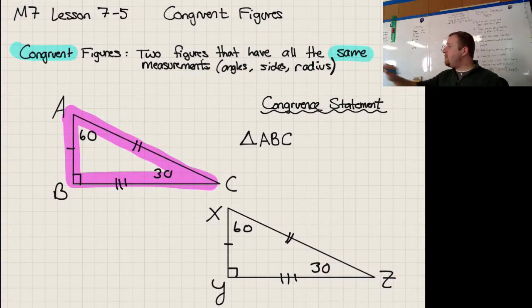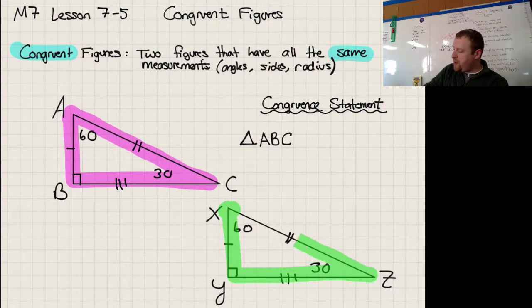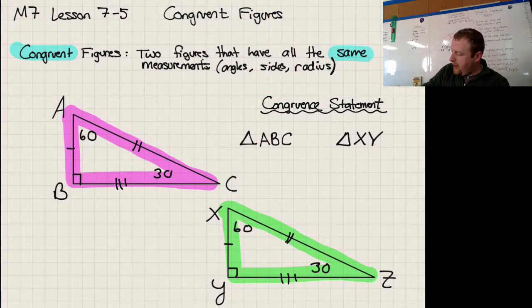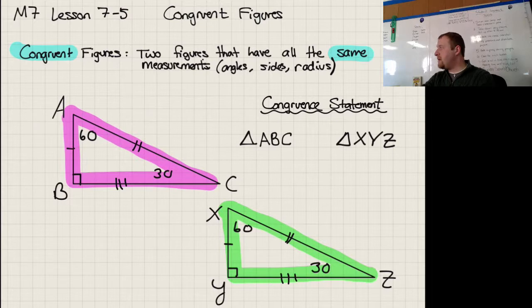So if I was to name the other triangle exactly the same way, starting in the 60-degree corner, going to the 90-degree corner, going to the 30, and finishing out, how would I name that triangle? Gabby? I would name it triangle X, Y, Z. Just so you know, that is the only correct answer for that triangle.